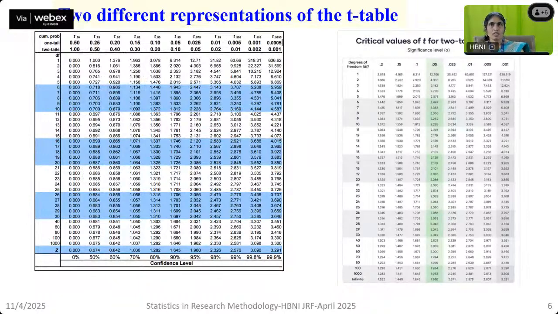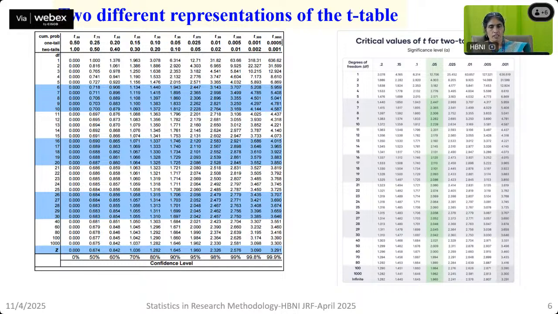If you go to the internet, literature or any statistics textbook, you will see that there are different ways of representing the T tables. Somewhere you will see the cumulative probability function along with one tail and two tails separately mentioned. And if not mentioned, generally it is a two-tail test. Some references give you the confidence levels also underneath in the table, as shown in the left-hand side table.